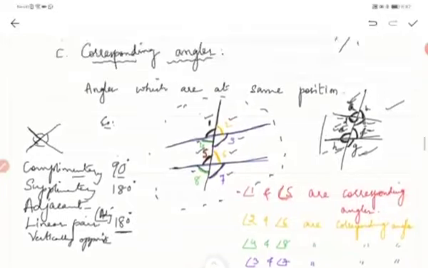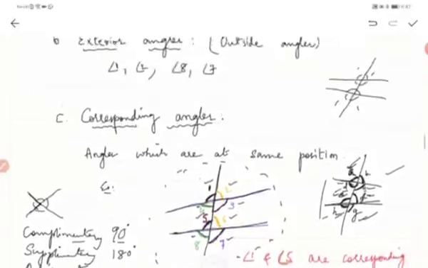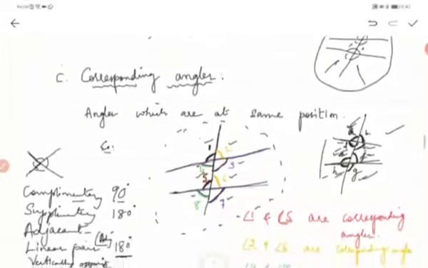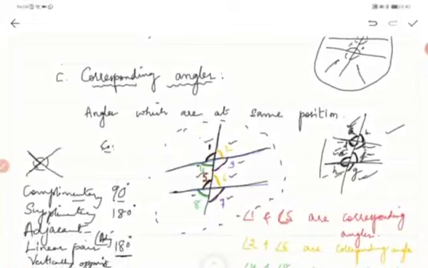After that we came to the transversal line. The angles formed by the transversal line, we have 8 angles formed in it. Interior angles are inside angles, exterior angles are outside angles. And the next angle we studied was corresponding angles.